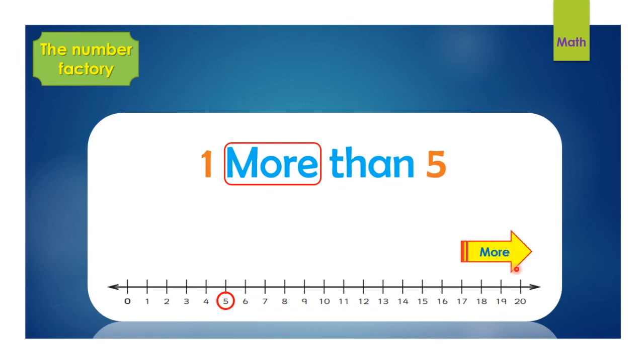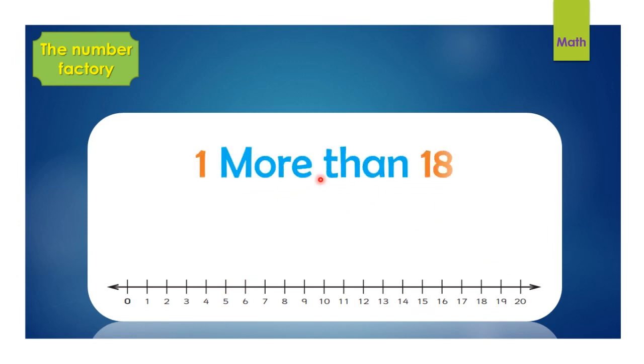Excellent, it's moving forward. So, how many jumps or steps do I have to move forward? Just 1. Okay, let's move forward 1. Now, what is the number I get now? It's 6. So 1 more than 5 will be 6. Because I know that 6 is 1 more than 5. Excellent. Let's move and take another one.